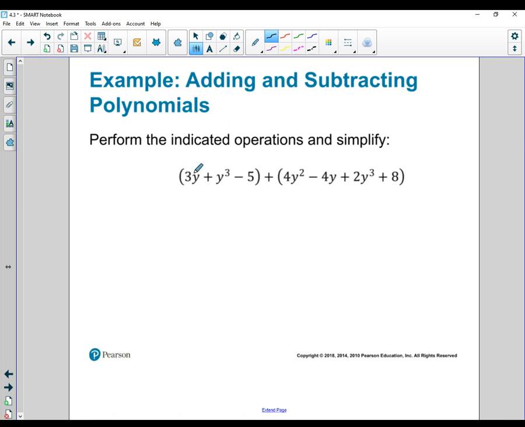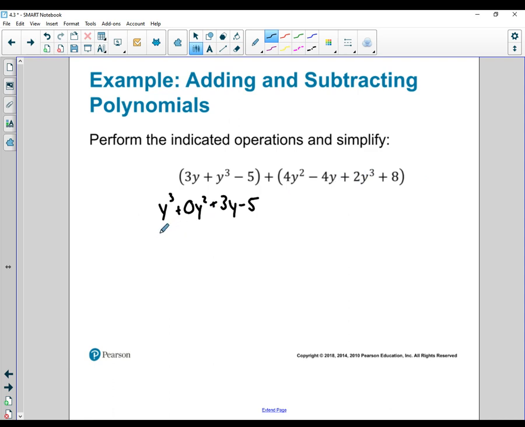So I'm going to write this first one as y cubed, and then we don't have a y squared, so I'm going to fill in plus 0y squared. This is the way I like to do it, and then I have a plus 3y minus 5. And then we're adding this, and I just want to line this up.